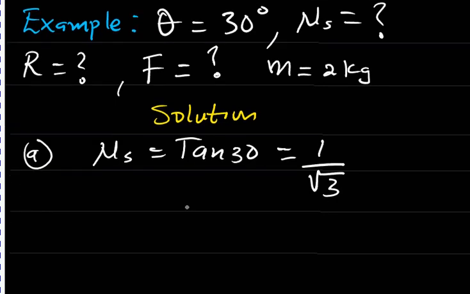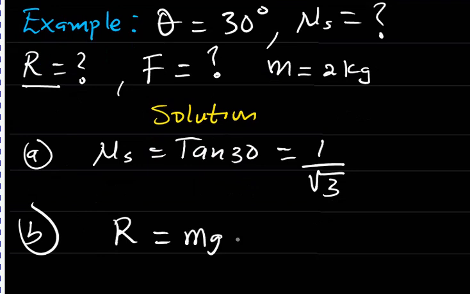The next thing we have to calculate is the normal reaction. The normal reaction is mg cos theta. So that is going to be 2 times 10 approximately, which is 20, then cos 30.